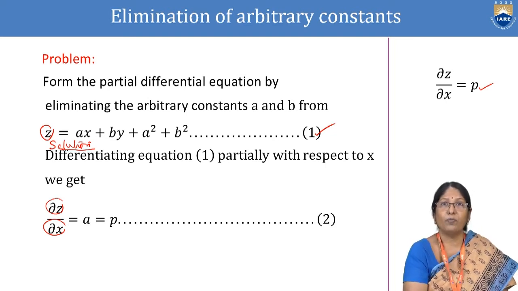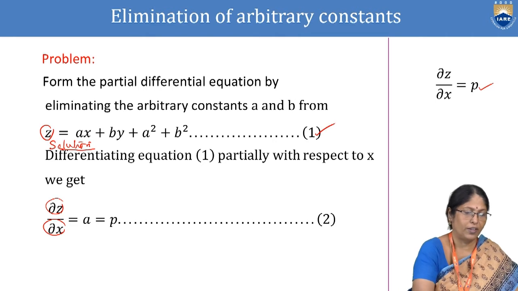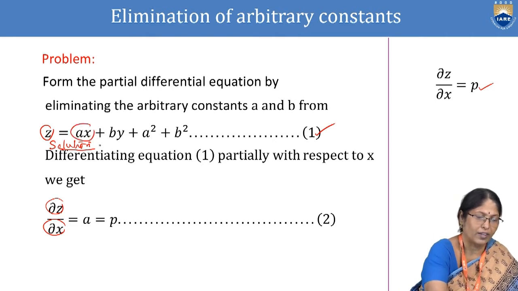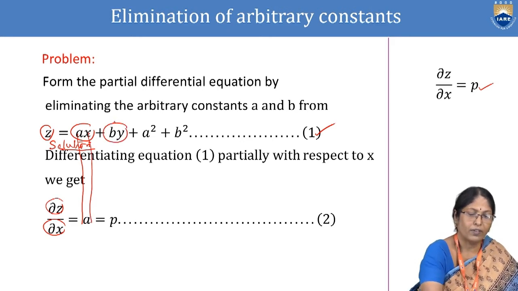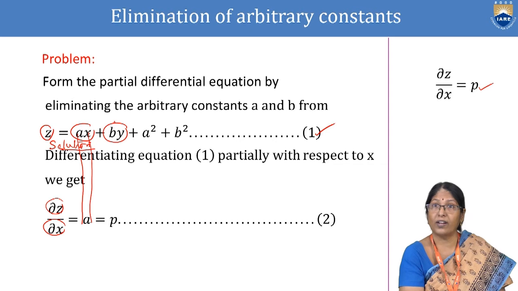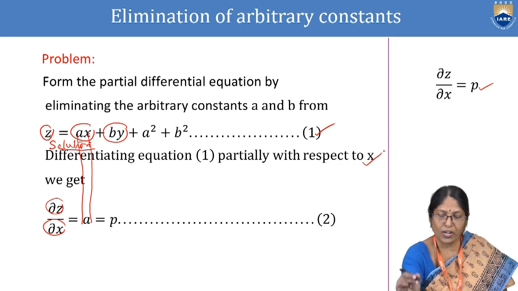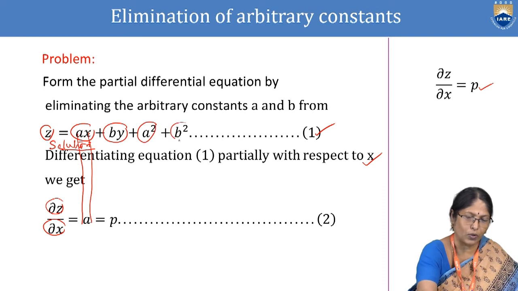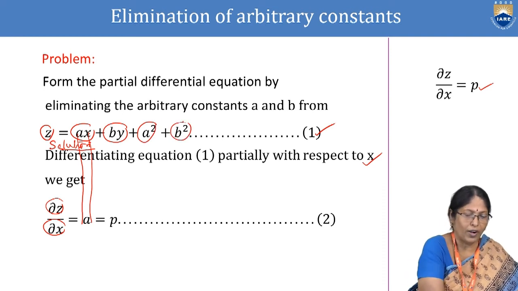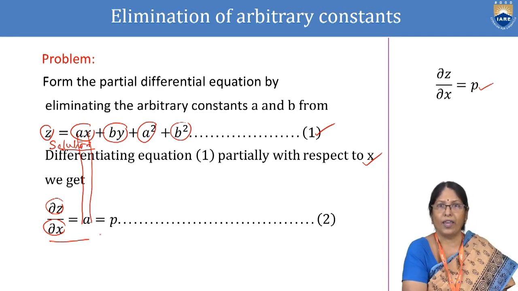Any other variable is treated as constant. So ax is there, so a is written, and the differentiation of x is 1. The by term we won't consider at all because we are doing it partially with respect to x, and the other terms are also 0. So we got dou z by dou x equal to a.